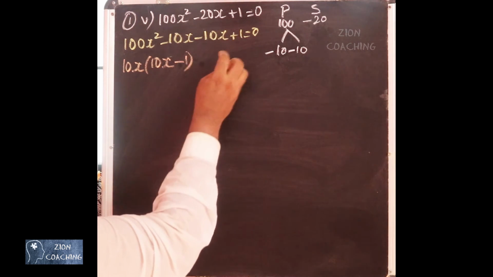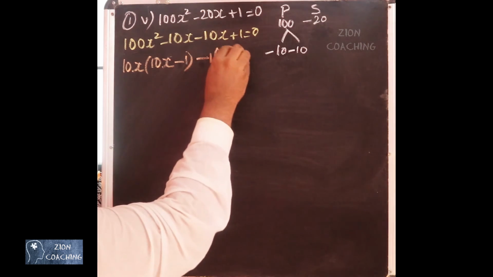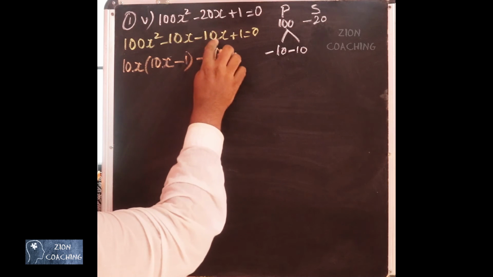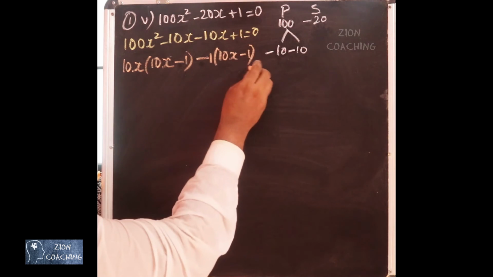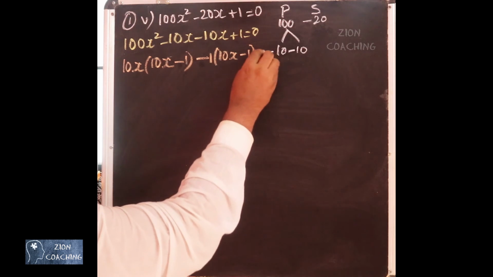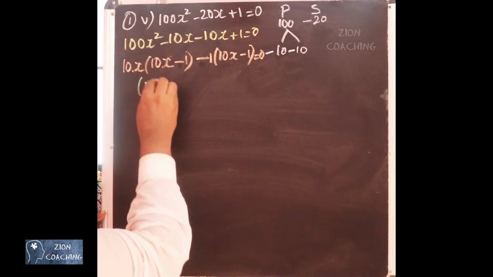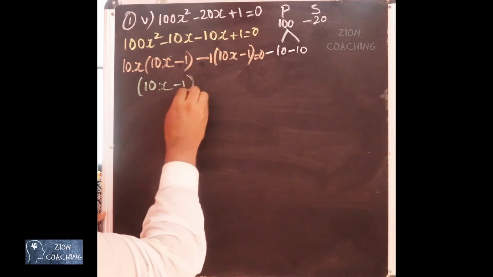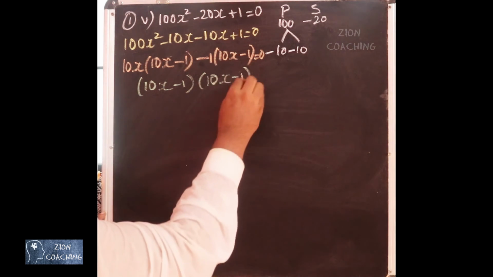In the second two terms, the common factor is minus 1. Then you have 10x remaining in the third term, that is the first term in the second half. Then minus 1 in the final term equal to 0. Now, we are going to pull out this 10x minus 1. Then we have again 10x minus 1 equal to 0.